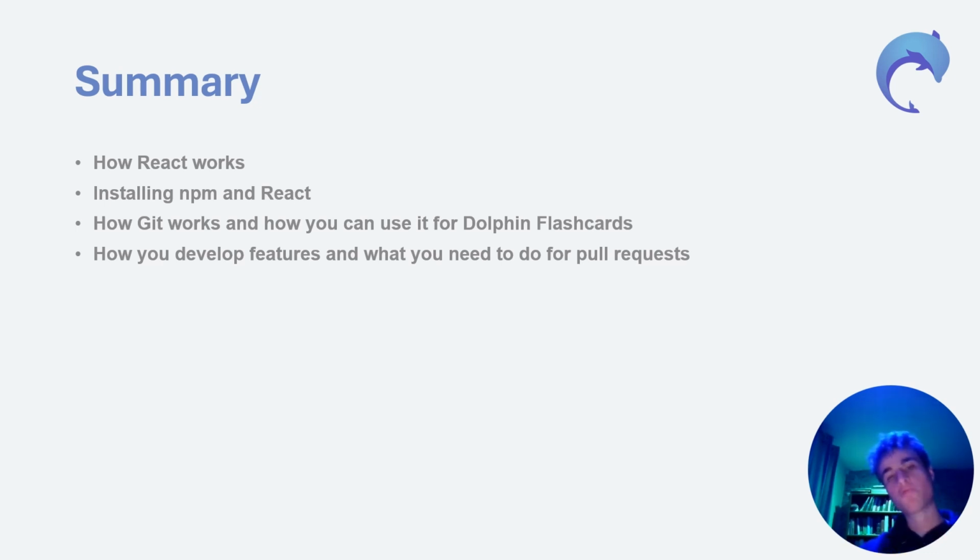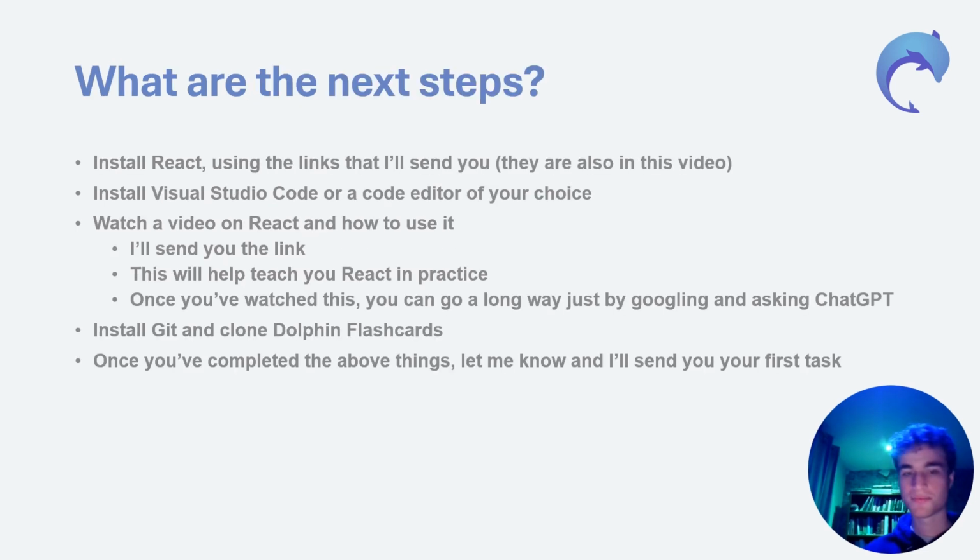I've also done a very quick overview of how Git works and how you can use it for Dolphin flashcards. If you don't feel like I've done a good job explaining it, then that's fine, and you can find loads and loads of YouTube videos on how Git works. That's also true for anything else in programming. If you don't know how to do something, you can just Google it, watch a YouTube video, or ask ChatGPT. There are loads of ways to learn. And then we've also looked at how you develop features and what you need to do to make pull requests.